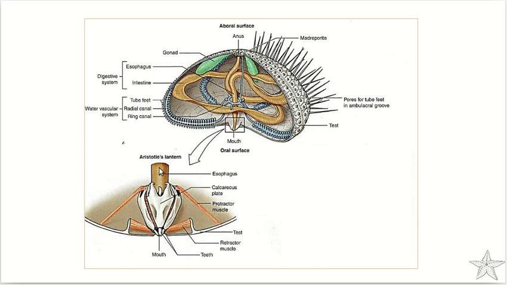The Aristotle's lantern is a chewing apparatus, and it is projected from the mouth, and this consists of about 35 ossicles with attached muscles, and they cut food into small pieces for ingestion. So here you can see the Aristotle's lantern is associated with calcareous plates, right? And these are also manipulated by muscles. You can see the retractor muscles and the protractor muscles.